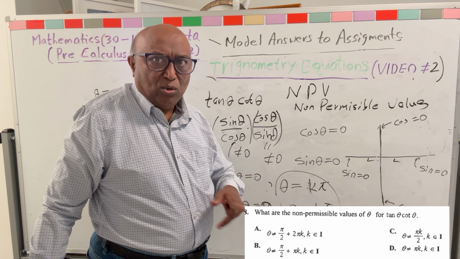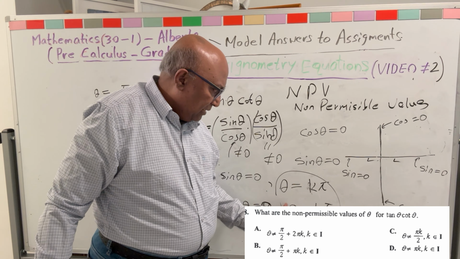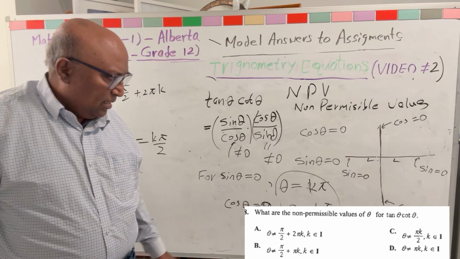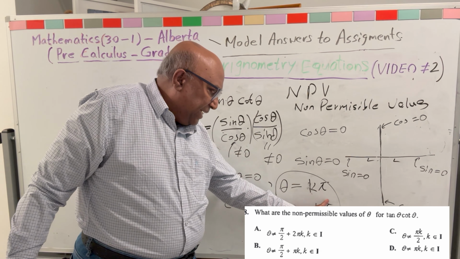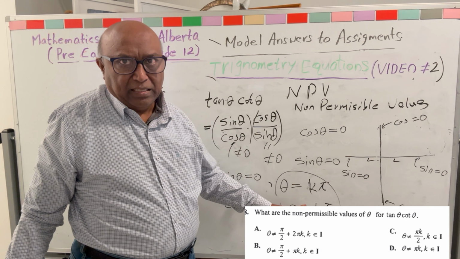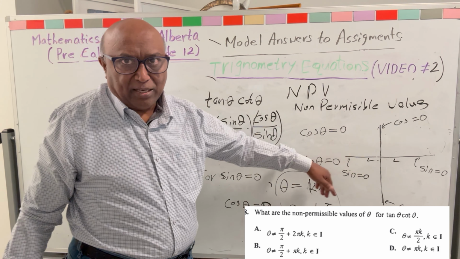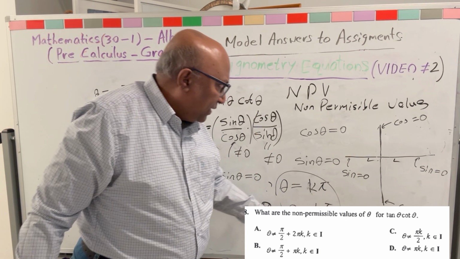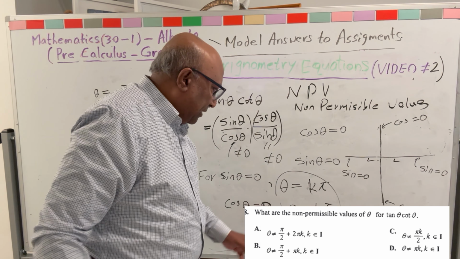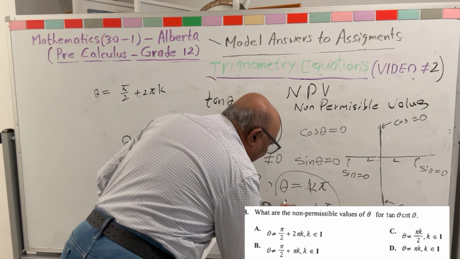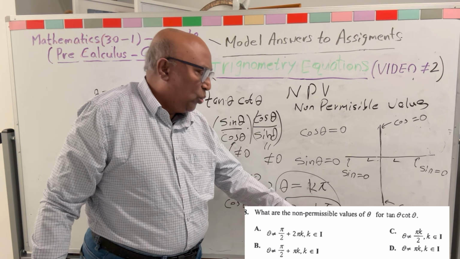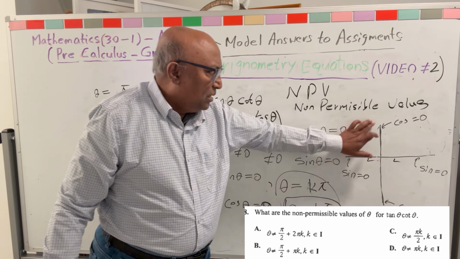When k is an odd integer, this represents the y-axis. If k takes even integers, like 0, 2, 4, 6 or negative 2, negative 6, this expression represents the x-axis.